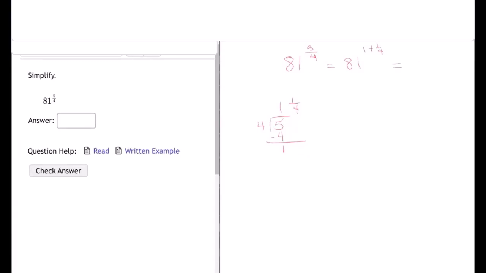This is going to equal 81 to the 1 power times the fourth root of 81, which is equal to 81 times, we already know that the fourth root of 81 is 3. This equals 243.